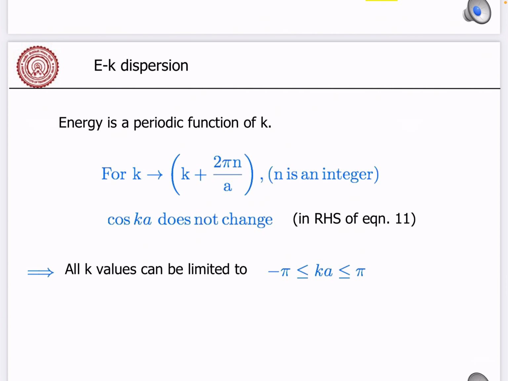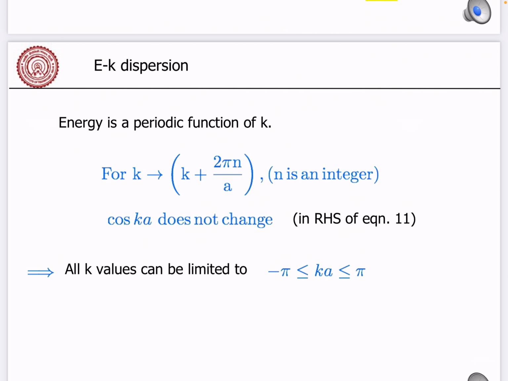That means corresponding to any k value within any energy band, you can have other k values with the same energy. The difference between these two k values will be given by 2 pi by a times n.